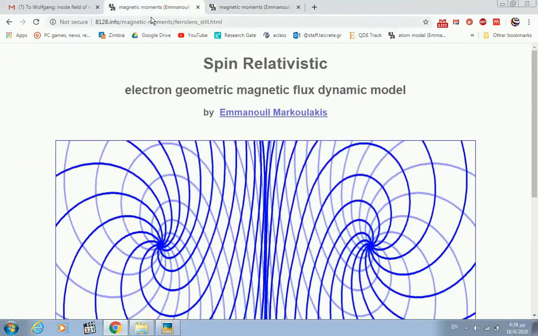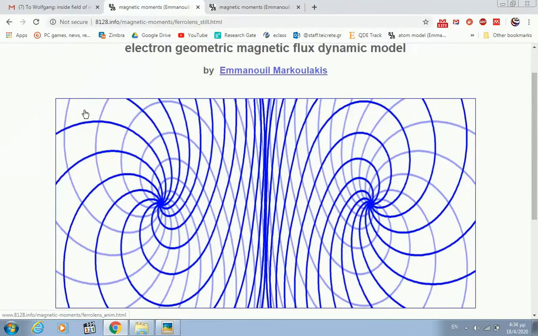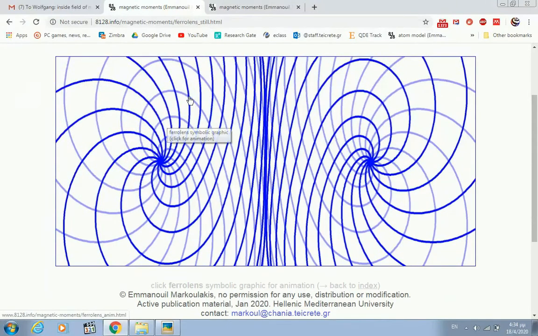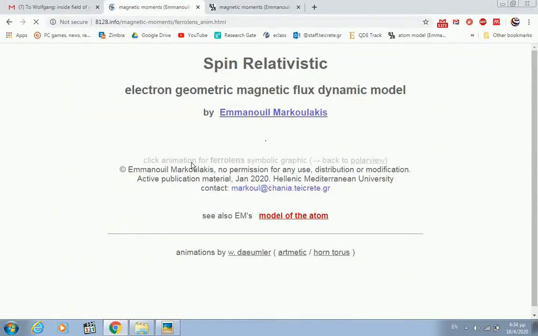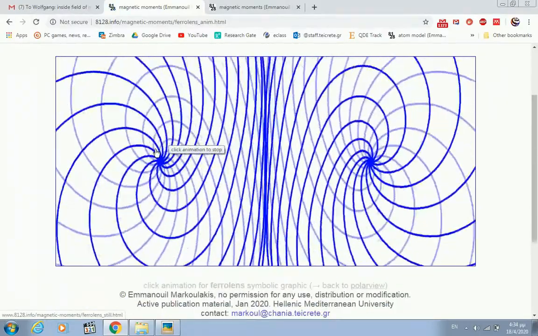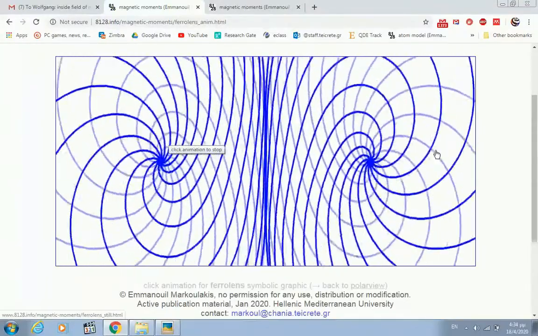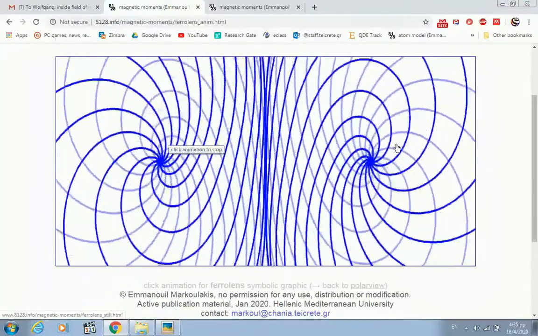And yes, Wolfgang did an excellent animation of how this translates to what we see on the Ferrolens, and he actually animated this as well. So we have the lines here from the North Pole, and here is the polar field view as we see it in the Ferrolens from the South Pole.